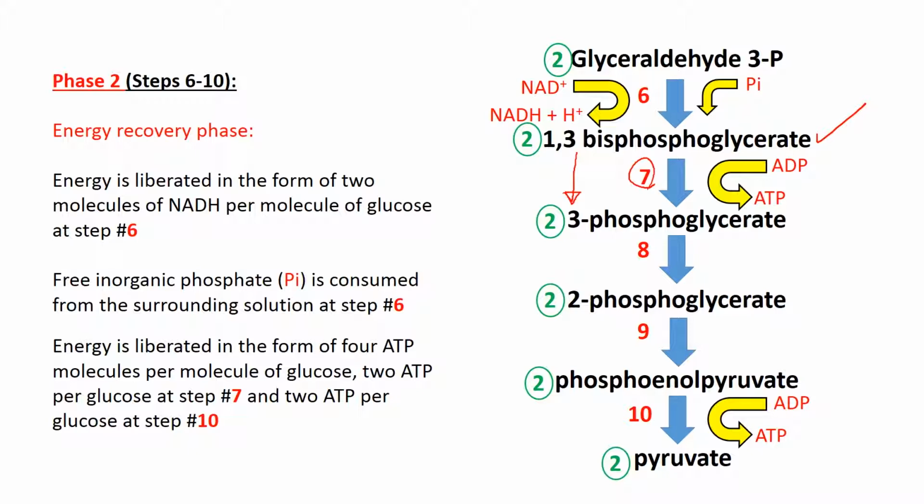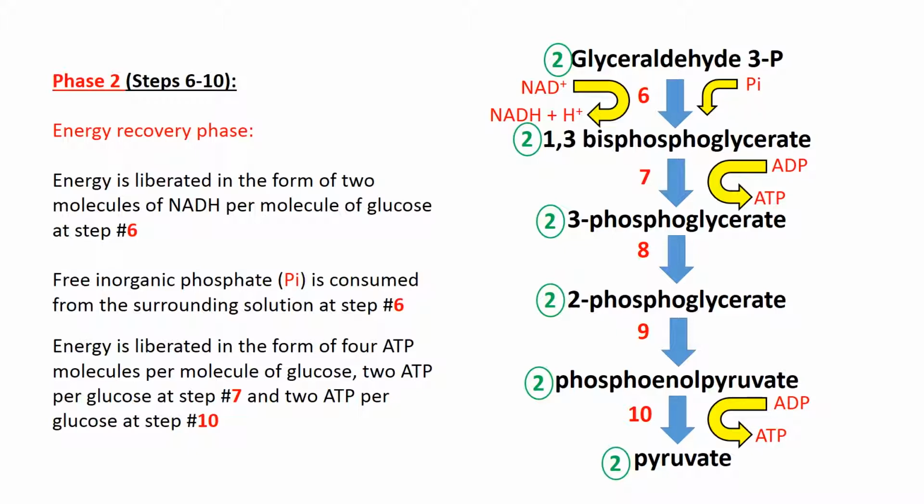The lost phosphate atom becomes attached to a molecule of ADP, so the ADP becomes phosphorylated to ATP. So now this extra phosphate comes from one of the phosphates of the 1,3-bisphosphoglycerate. And again, remember, this happens twice for every glucose. So 2 ATP molecules are synthesized at this step per glucose broken down.